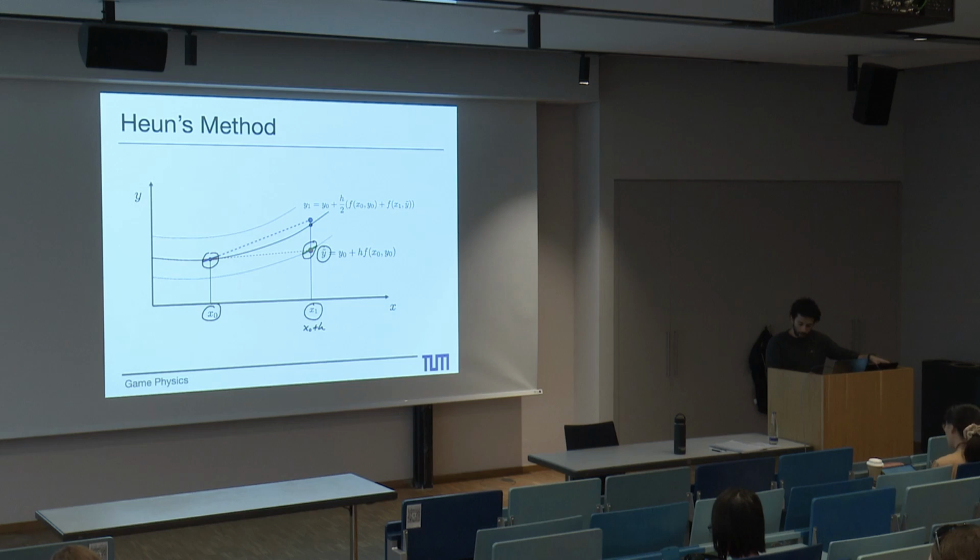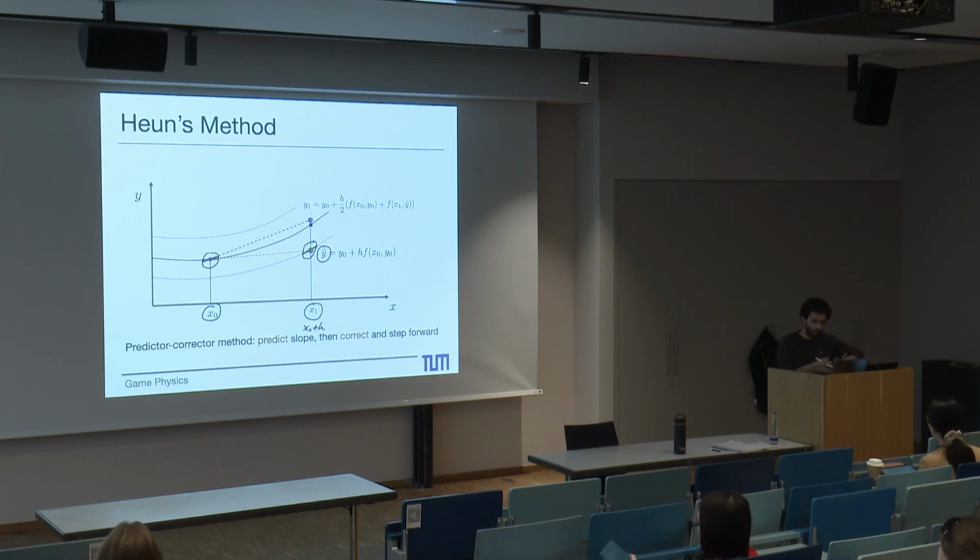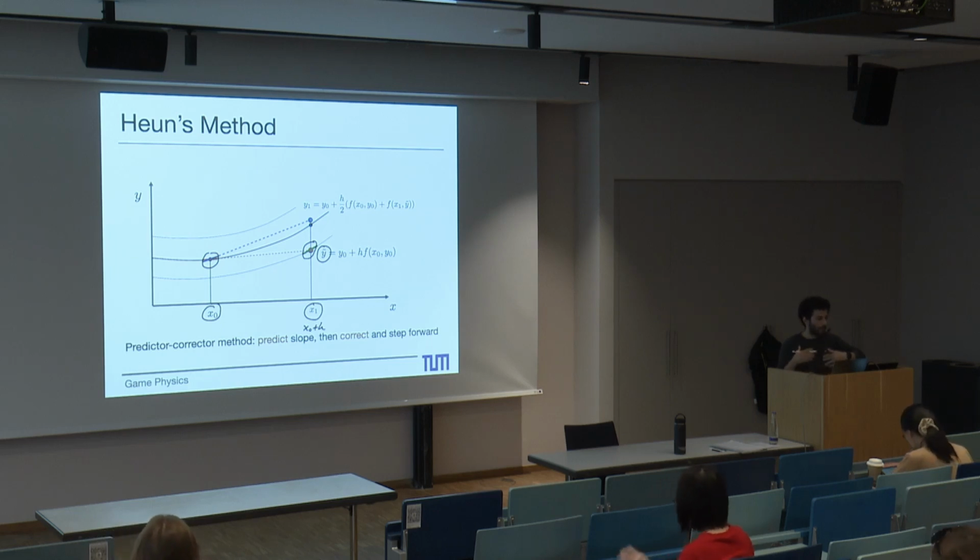One interesting thing of this approach is that essentially what we have is what we would call a predictor corrector method. So the first step represents the prediction of the slope.